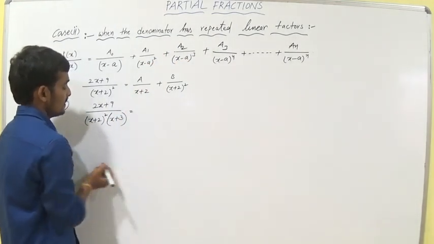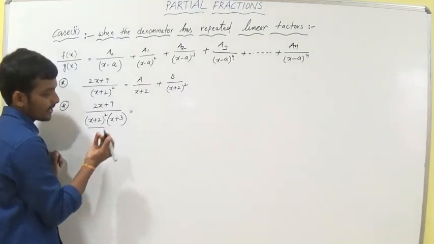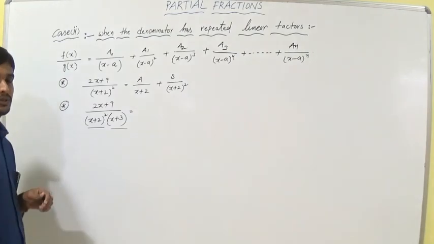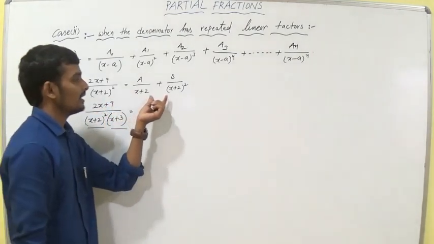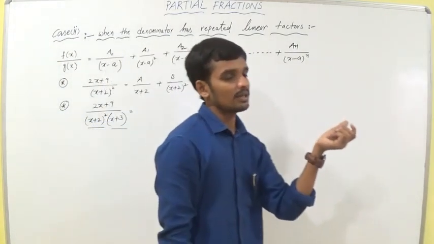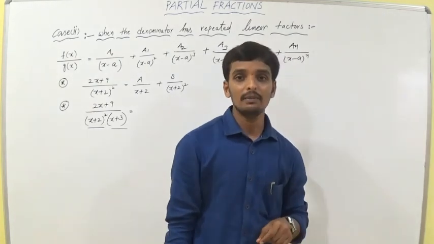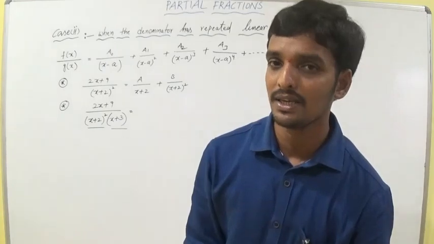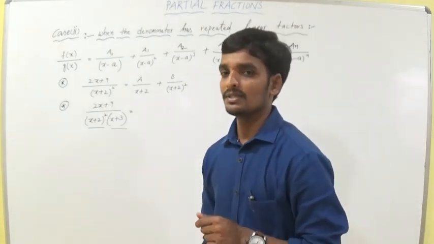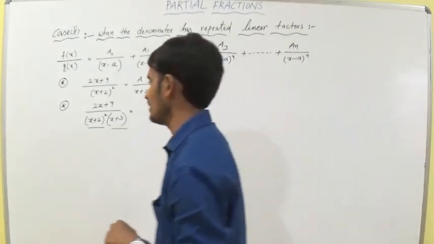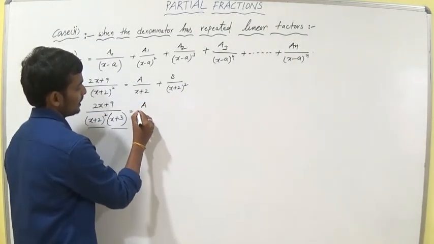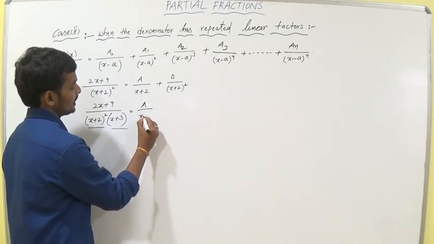So observe this. This is a repeated factor and this is a non-repeated linear factor. If you want to write the partial fractions of the given fraction, the denominator factors must be in ascending order of their powers, that means degrees are in ascending order. I am telling you, first of all, a by, first the linear factor (x plus 3).